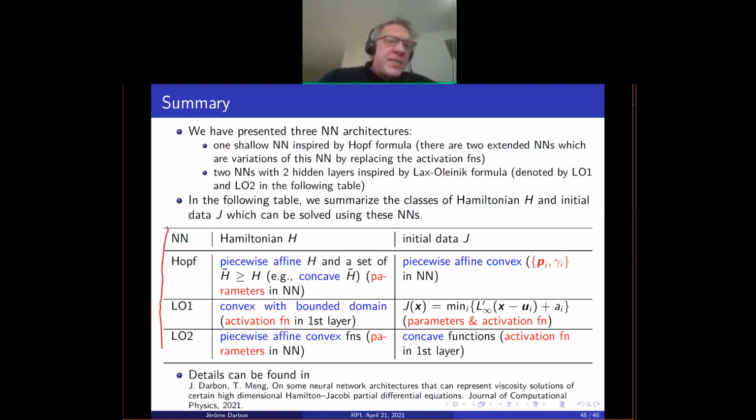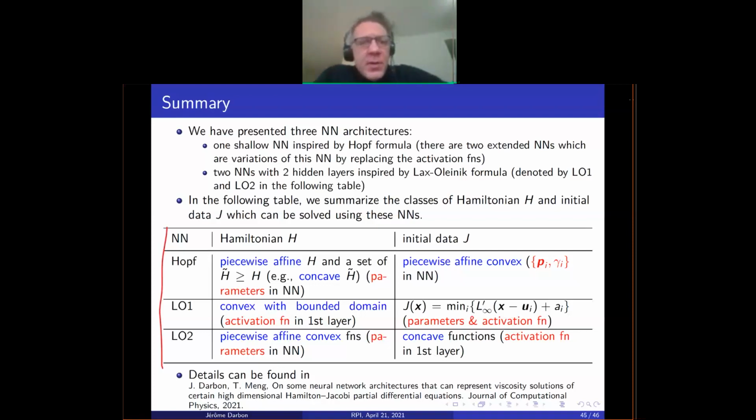And in this table, we can see the properties that are required for the Hamiltonian H and initial data J for each architecture. So for the first architecture, we require H to be piecewise affine, and the initial data to be also piecewise affine and convex.